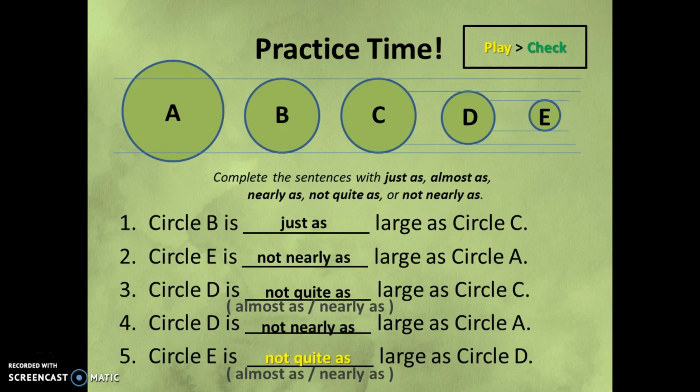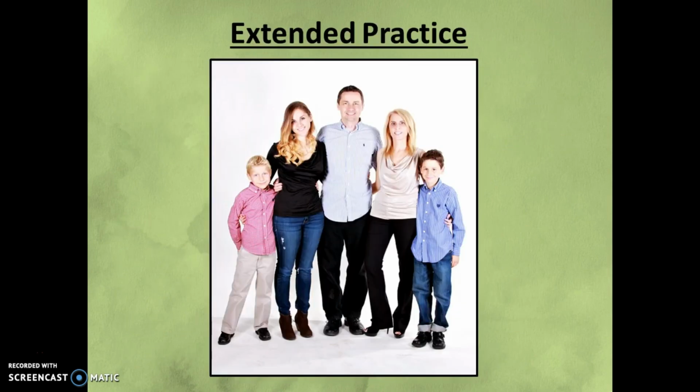So again, if we use not quite as, we are thinking about it negatively. We're saying that it's got a small difference, but again, we're focusing on the difference. Whereas if we use almost as or nearly as, we're focusing on how they are similar.